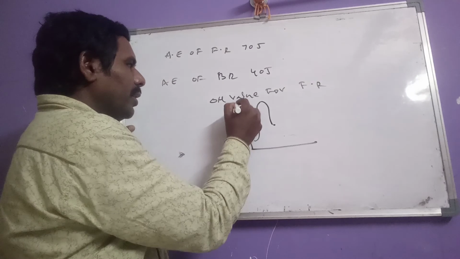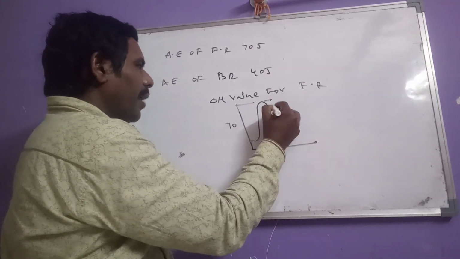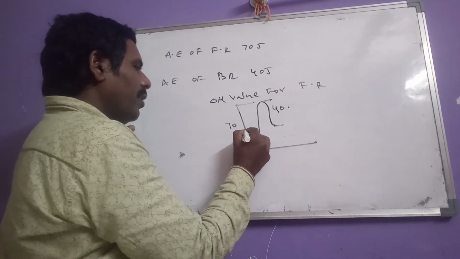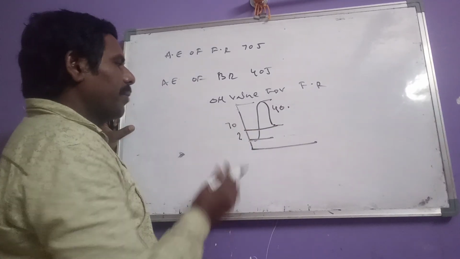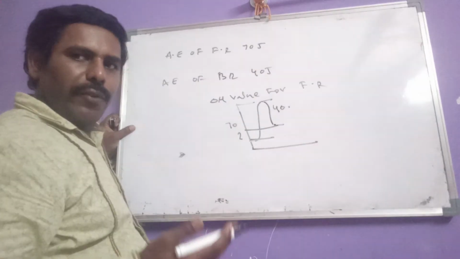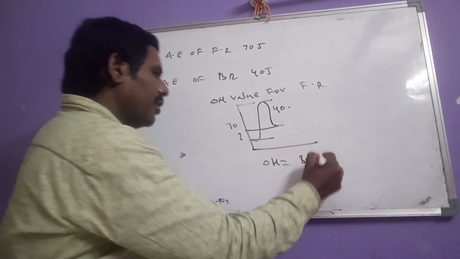So now this gap is 70, this gap is 40. We have to determine this gap. What is the difference? 30. So delta H equals 30 joules.